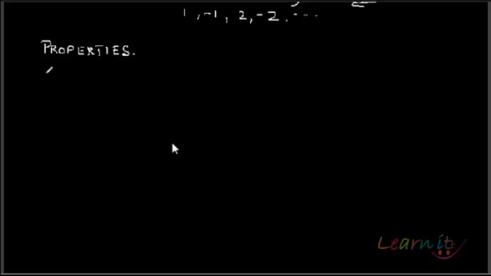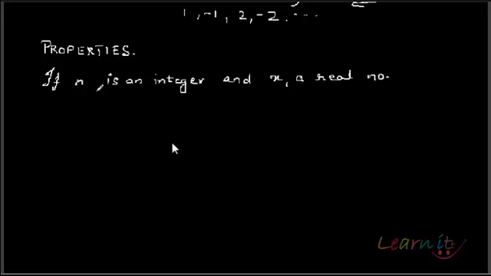It's a special function. It will have certain properties attached to it. So if say we are looking at n, which is an integer, and we are looking at x, which can be any real number between n and n plus 1.